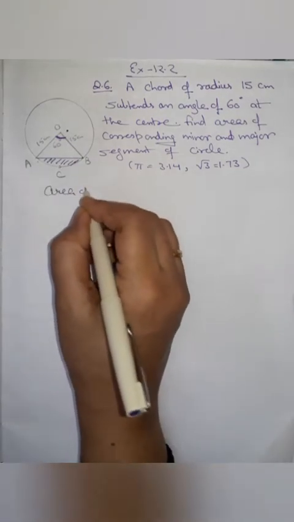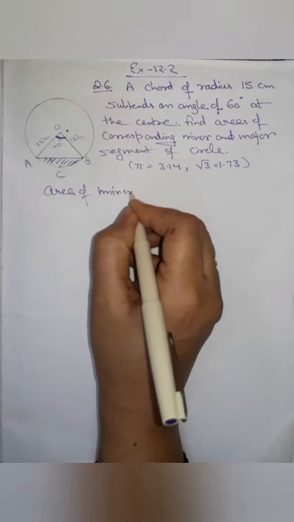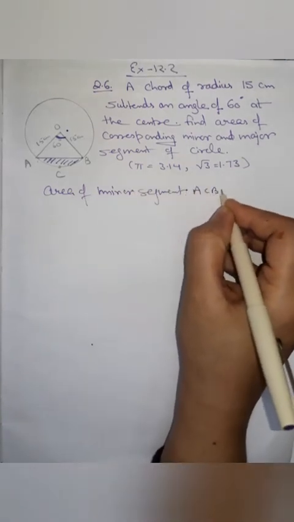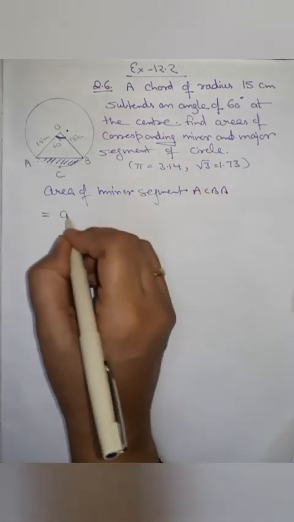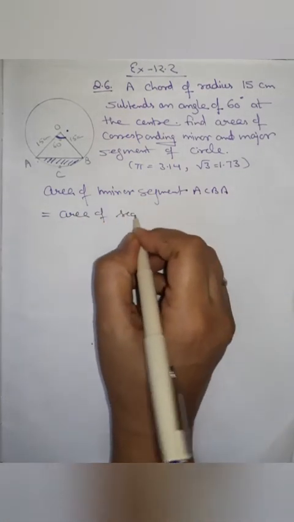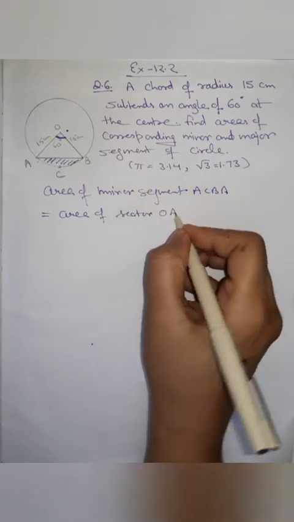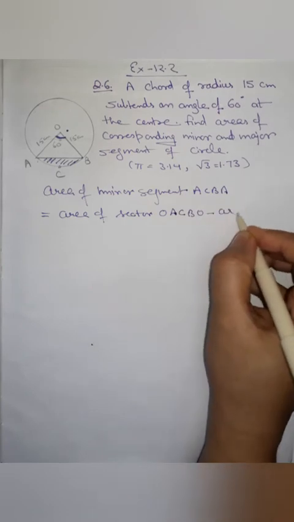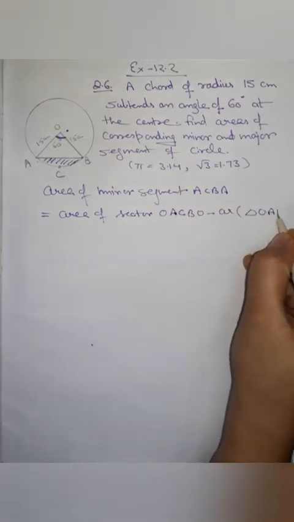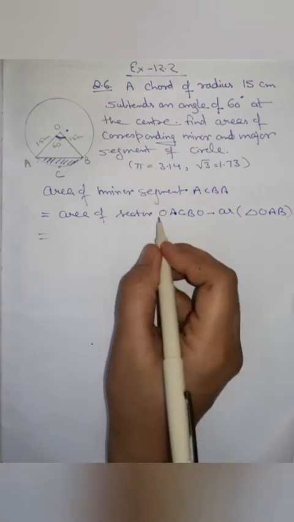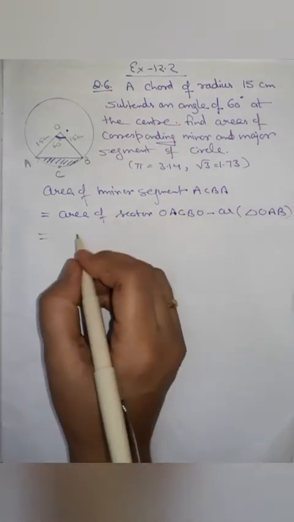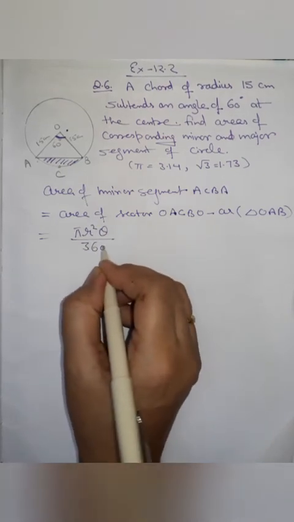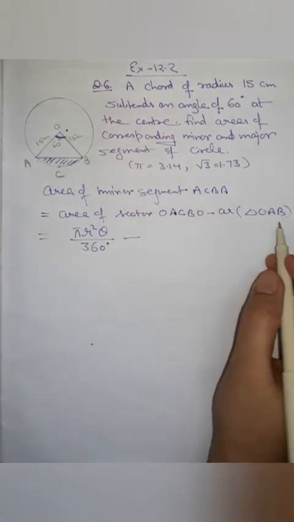Area of minor segment ACBA will be equal to area of sector OACBO minus area of triangle OAB. Now the formula for calculating area of sector is pi r square theta upon 360 degree, minus area of triangle OAB.